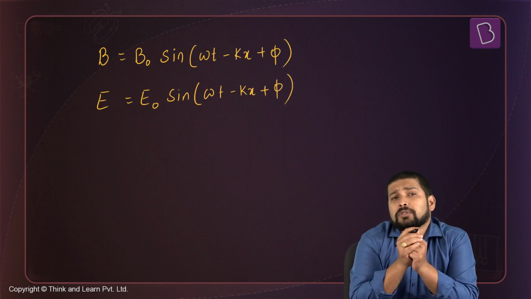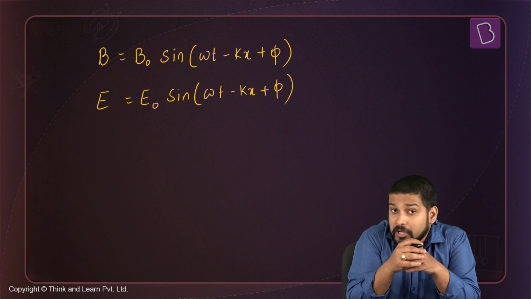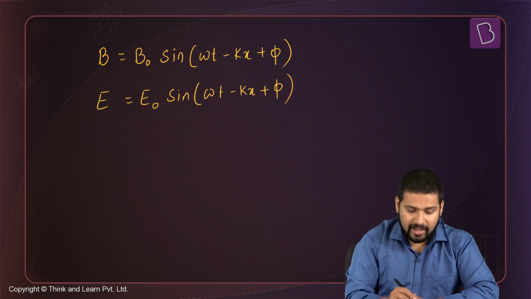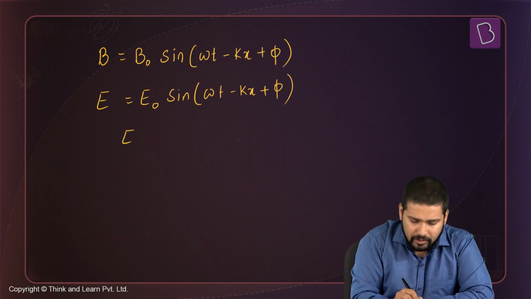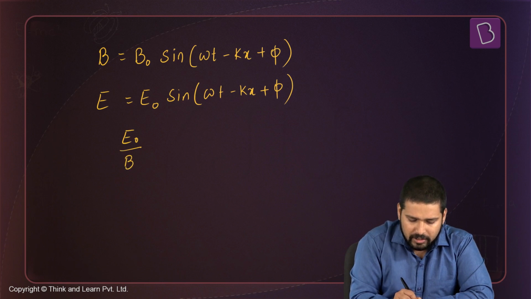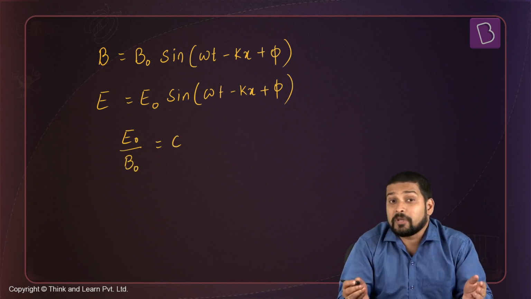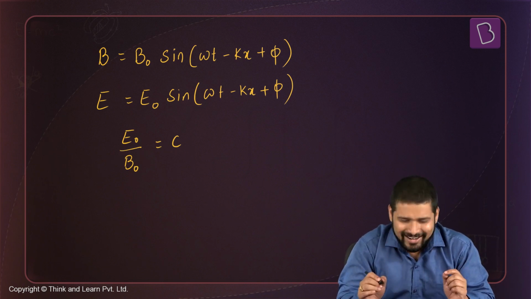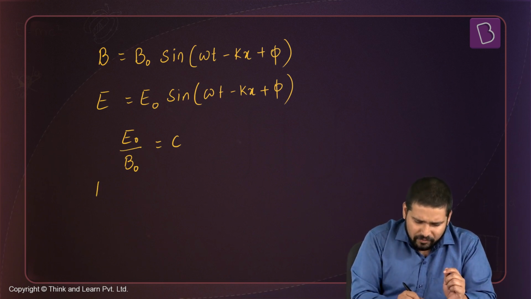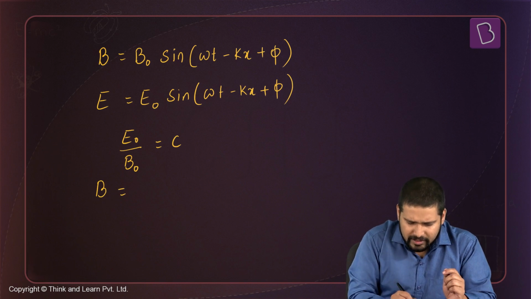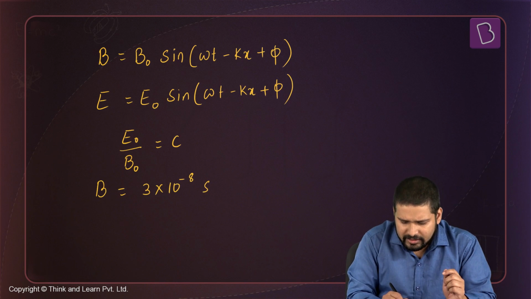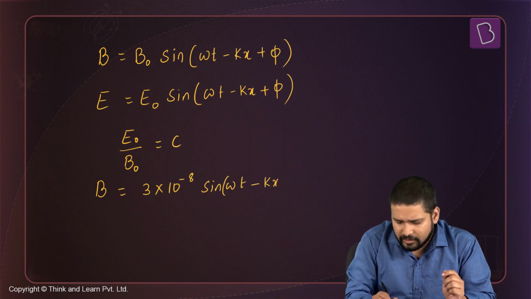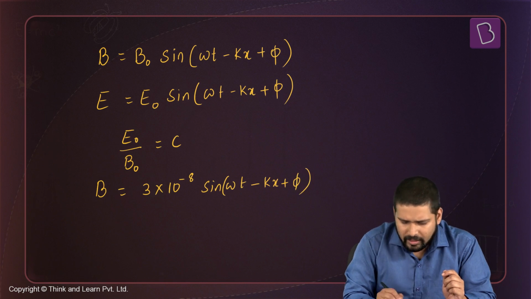Now, the relation that exists between B naught and E naught is that the ratio E naught by B naught is equal to C, where C is the speed of light, and the value of C is 3 into 10 to the power of 8 meters per second, right? We have been given the value of B equal to 3 into 10 to the power of minus 8 sine omega t minus kx plus phi.